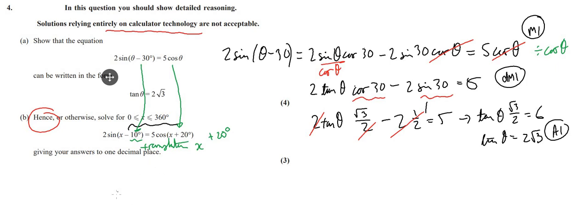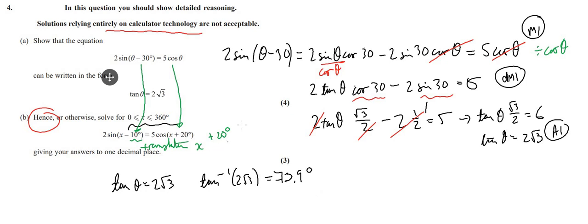The solution to the first one was that tan theta was equal to 2 root 3. So hence we can use this result. If we take arctan of 2 root 3, we're going to find that arctan of 2 root 3 gives us 73.9 degrees.